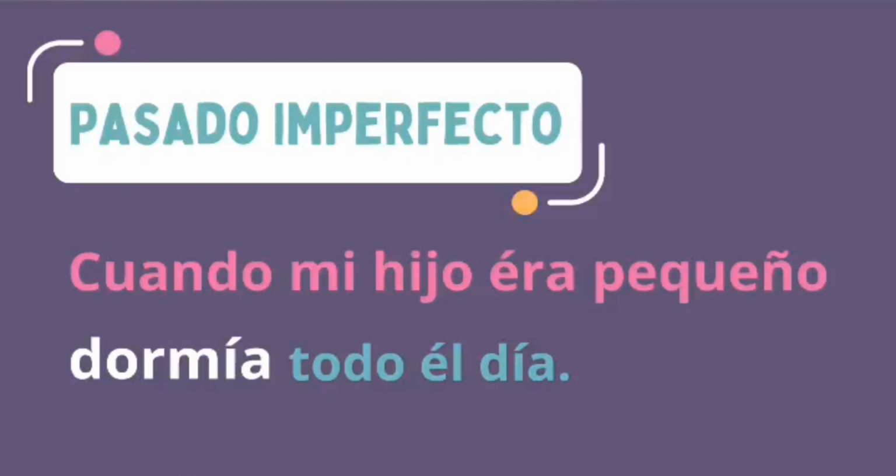Okay, you're talking about some years ago, so this means you have to use the imperfect past. When my son was little, cuando mi hijo era pequeño, he slept all day. Dormía todo el día.